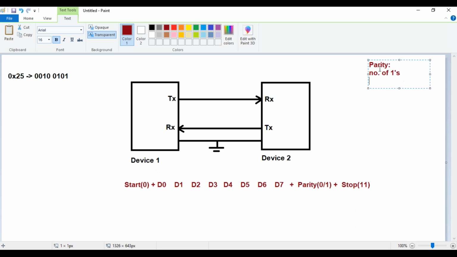Parity always represents the number of ones. Odd parity represents the value 1 and even parity represents the value 0.